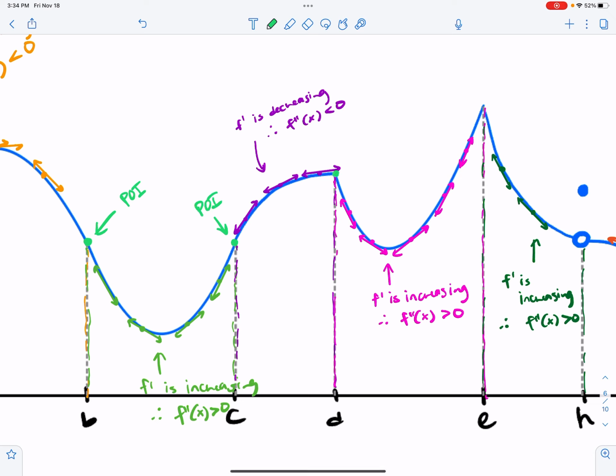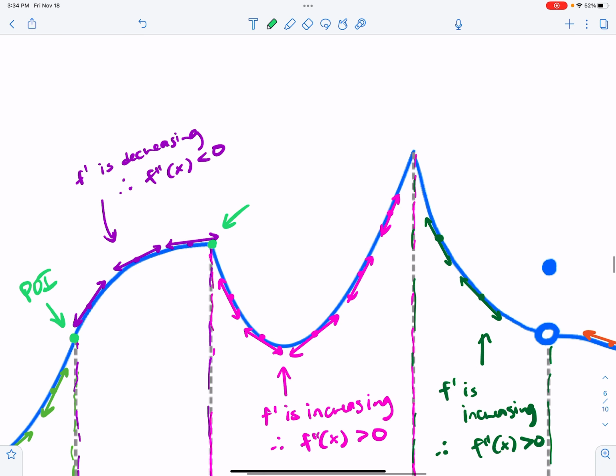At D, the concavity changes, but there's no tangent line that can be drawn. And remember, our textbook requires there to be a tangent line at the point for it to be a point of inflection.